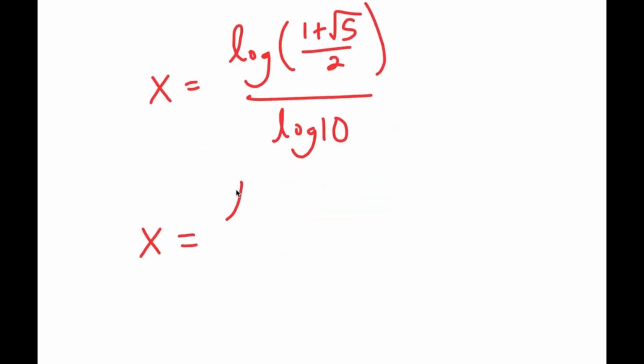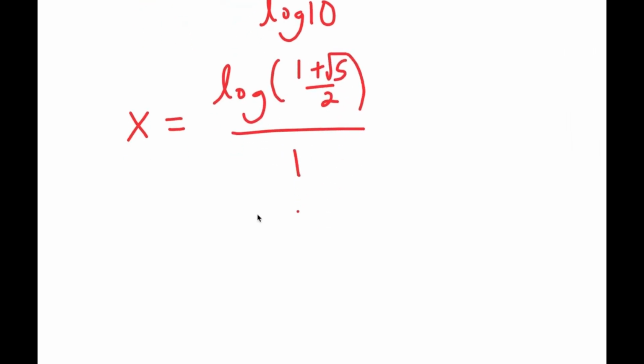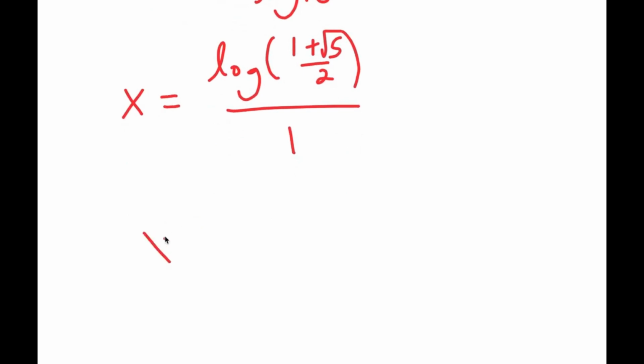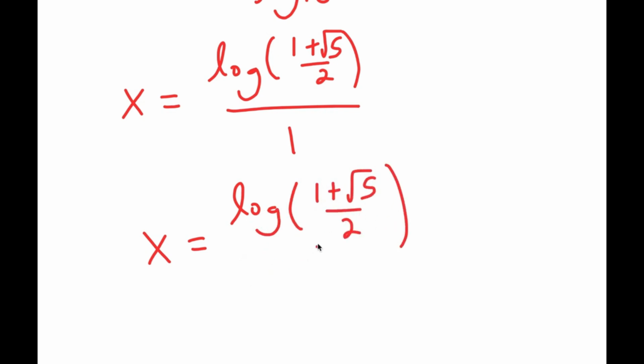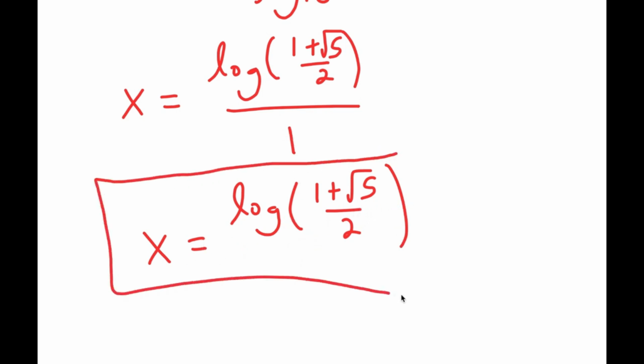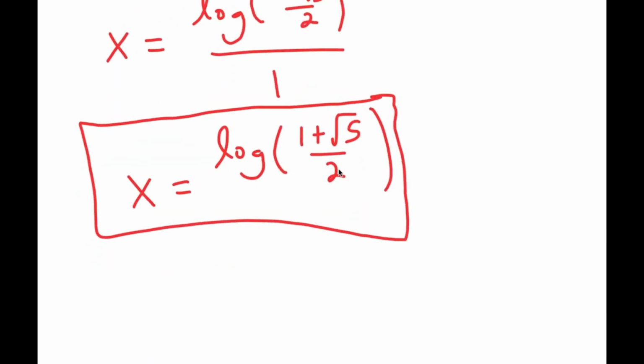So this turns into log of 1 plus the square root of 5 over 2, over 1, which is the same thing as log of 1 plus the square root of 5 over 2. There's no need to include the over 1 because anything over 1 is itself. So this is my solution to this equation.